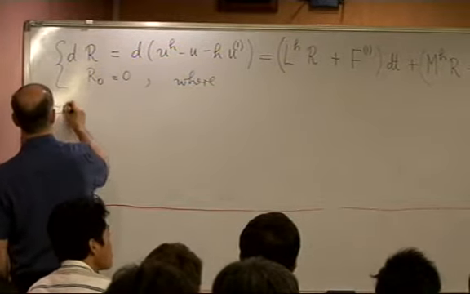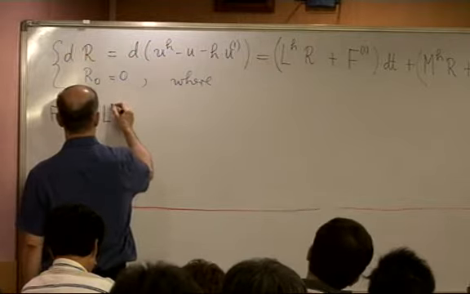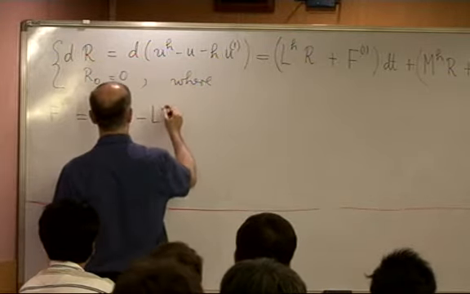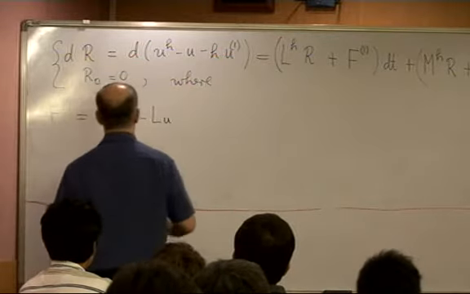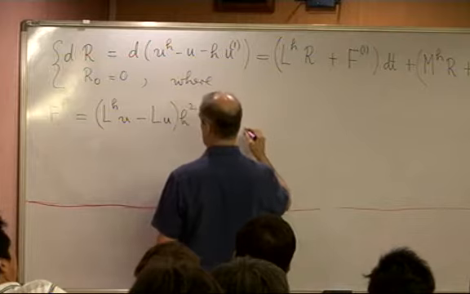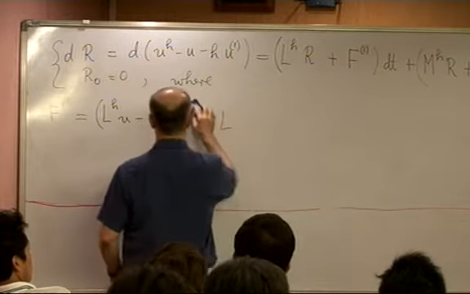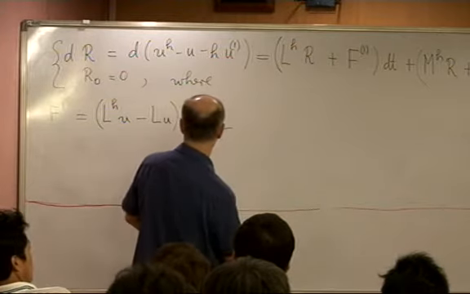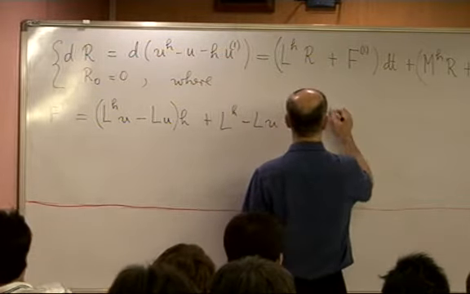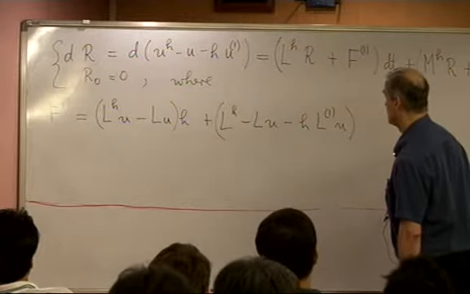So where the F1 equals the LH U minus L U times H squared plus L times h, sorry, nothing to get h square from yet, LH minus LU minus h times L1U, and that has the h square.